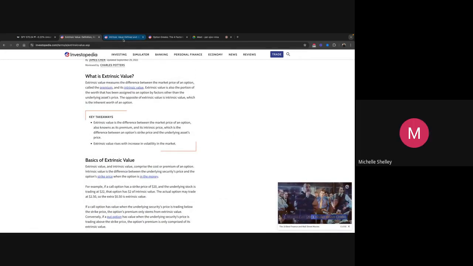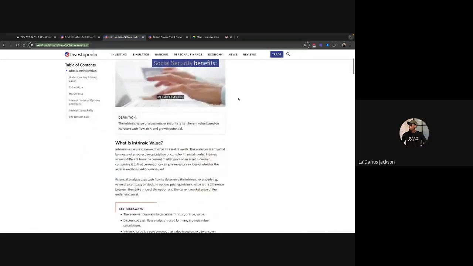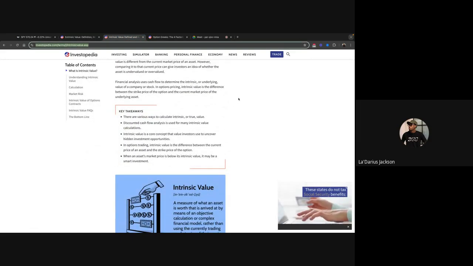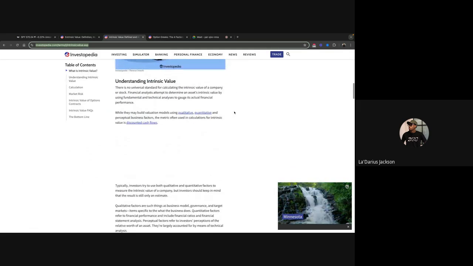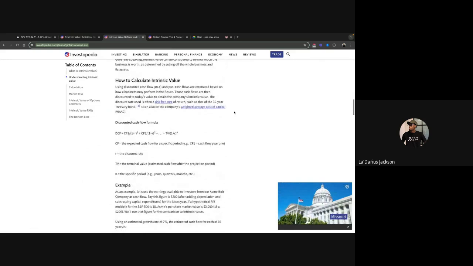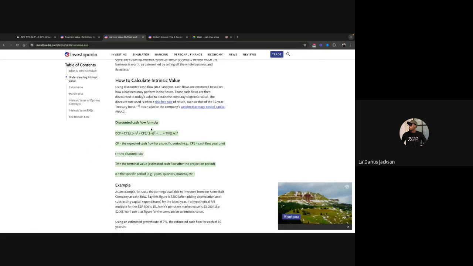All right. Makes sense. Intrinsic value. Pretty much the same thing we just talked about. Let me see. Here's my example. Again, if you like formulas, you like math, here you go. You can use this formula here if you want to.